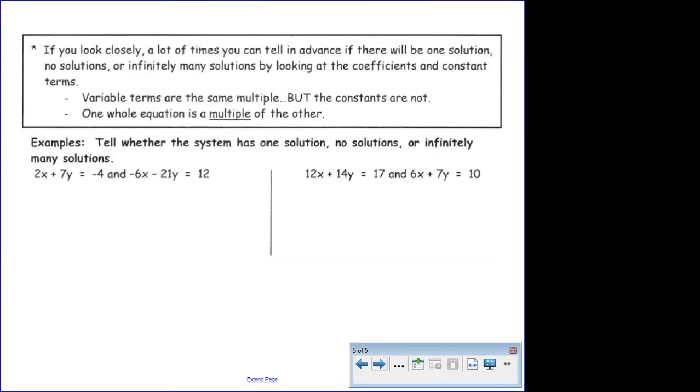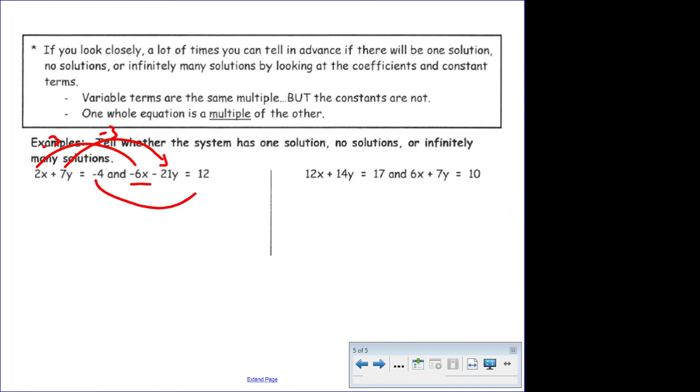If you look closely, a lot of times you can tell in advance if there will be one solution, no solutions, or infinitely many solutions. I talked about this today a little bit. Guys, look at this. What happens if you multiply 2 by negative 3? You get negative 6. What happens if you multiply 7 by negative 3? You get negative 21.